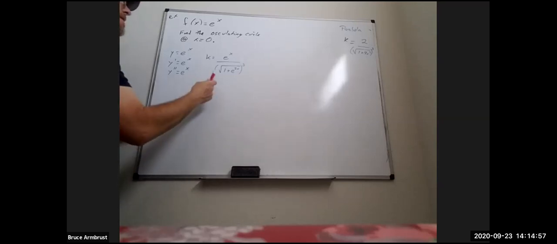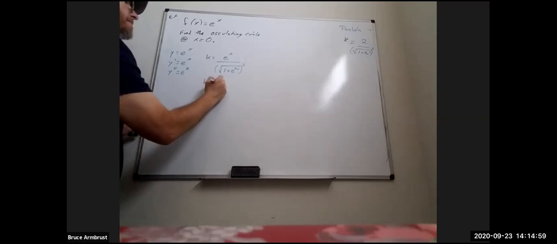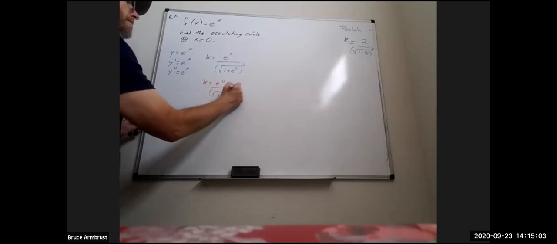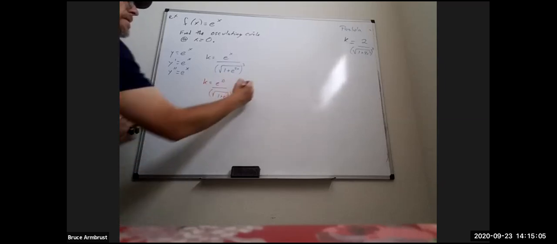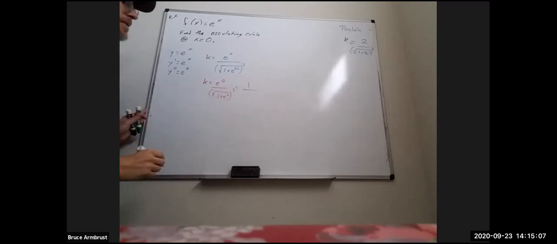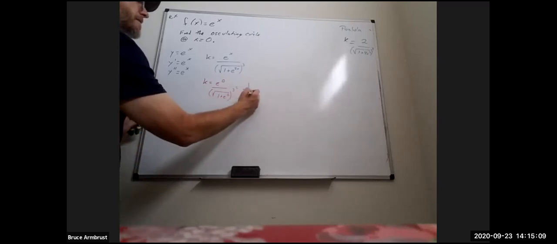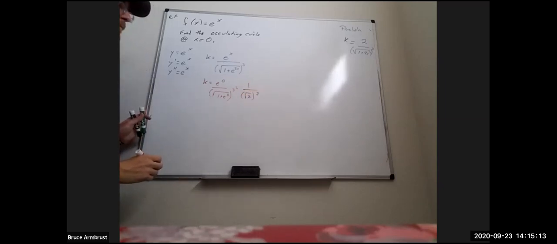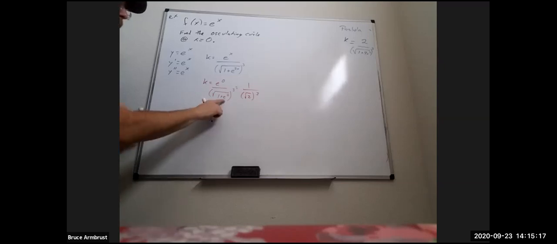So if we put that in, we're going to get k is equal to e to the 0 over the square root of 1 plus e to the 0, cubed. So that's a 1 on top. On the bottom, we're going to get the square root of 2 cubed, because e to the 0 is 1.